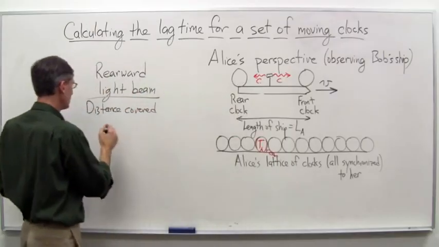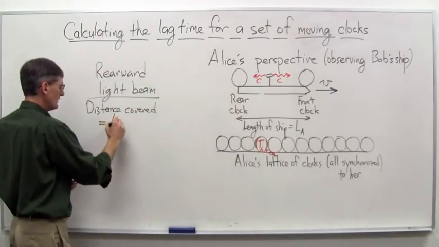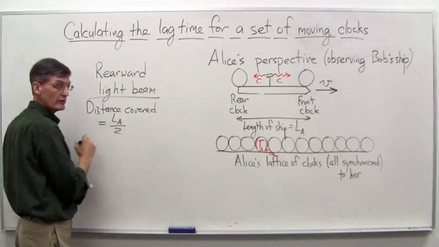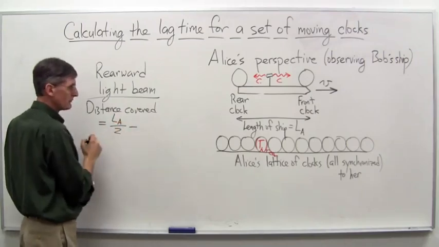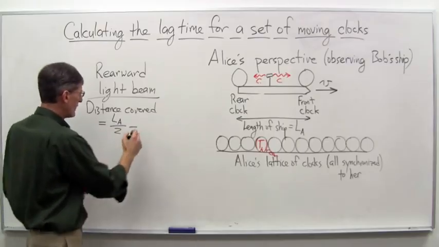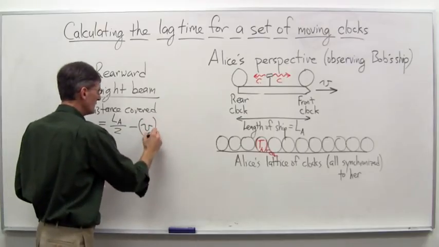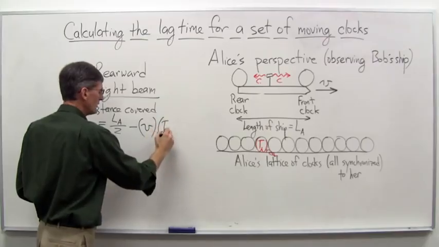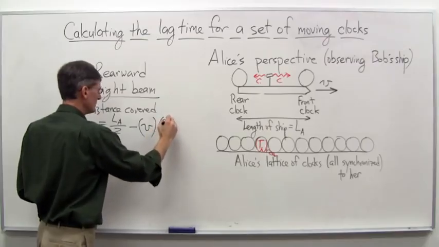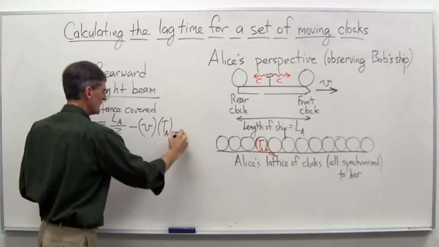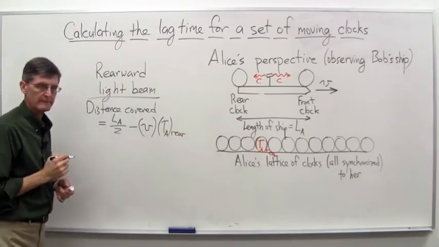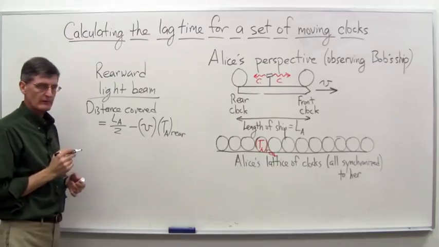So we get something like this. The distance covered is going to be half the length of the ship minus the velocity times T sub A rear. Okay?